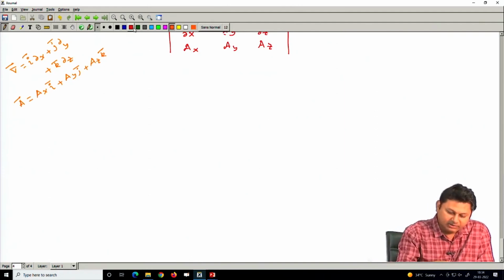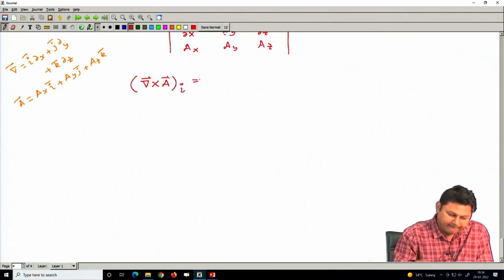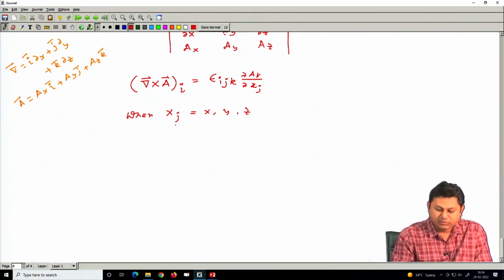Now, what is the ith component? We know how to deal with this. This is called curl of the vector field A, and the ith component will be simply epsilon i j k, del A k by del x j. Here x j stands for x, y and z with the indices 1, 2, 3.